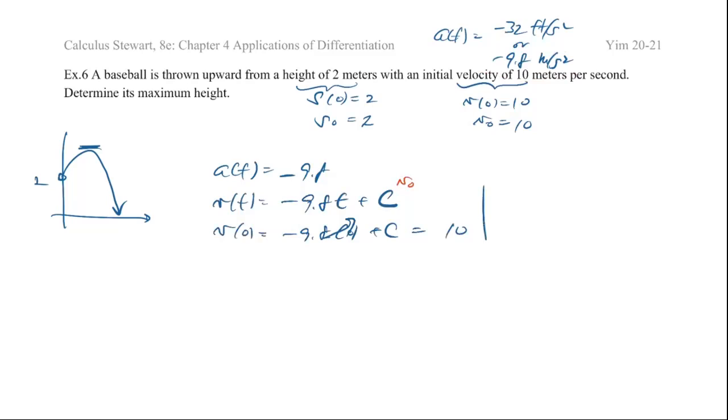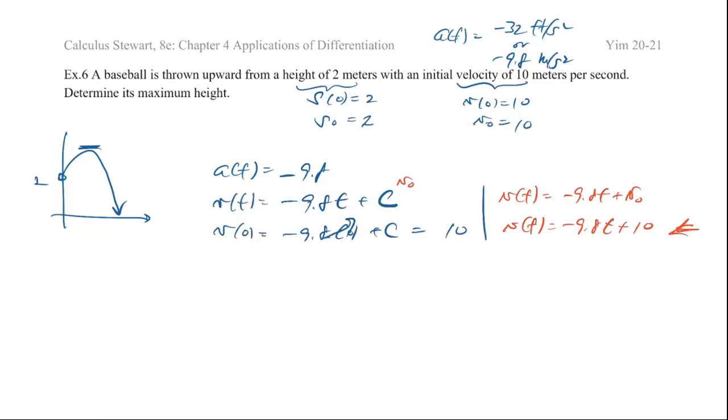So in the future, I'll write that in orange. You could say v of t is equal to negative 9.8 t plus v naught. I want you to write that first, and then we know v naught is equal to what? 10. Therefore, that is equal to negative 9.8 t plus 10. Do not write this first. If you do that, you're going to lose some points.